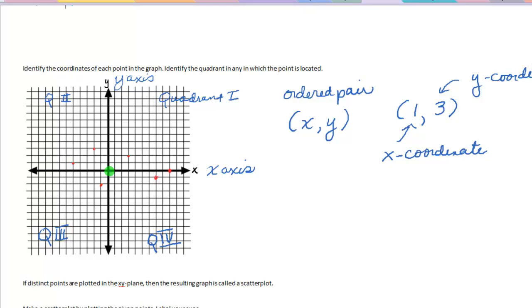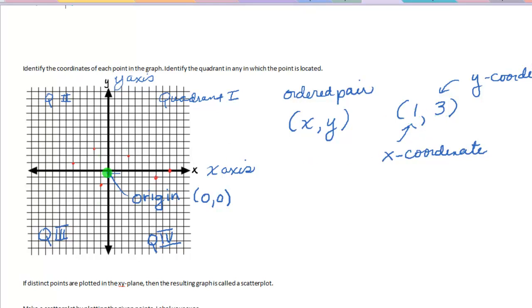So to graph this first ordered pair 1, 3, let's go to our coordinate system. Right here where the two axes meet, that's the point 0, 0, and that's called the origin. We're going to count from 0, 0.